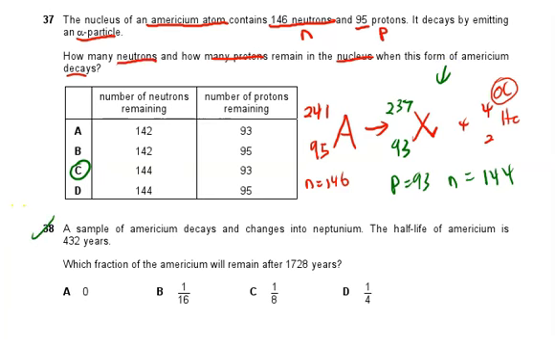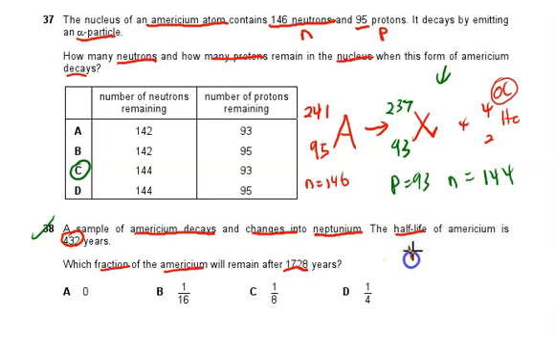Okay, question number 38. A sample of americium decayed and changed into neptunium. The half-life of americium is 432 years. Which fraction of the americium will remain after 1728 years?